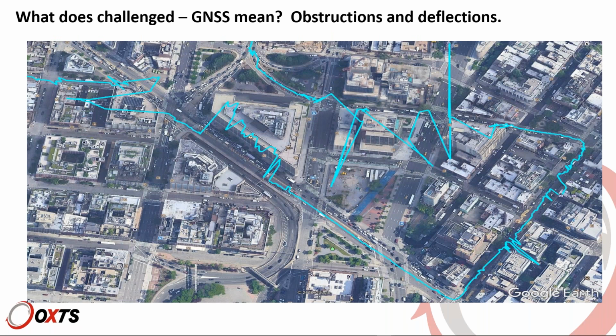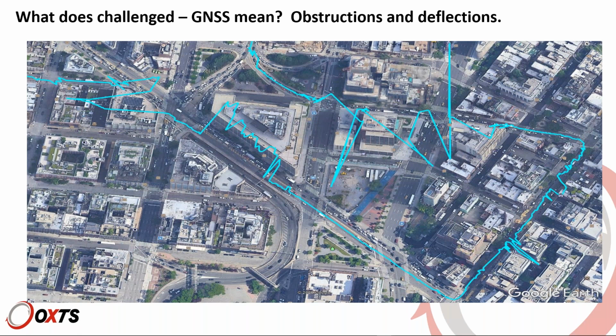So a quick word on what challenged GNSS means. If you are here, then I bet you have a pretty good idea of what a bad GNSS could be. Just to have some common ground, so we are all on the same page. Challenged GNSS means a signal that is dealing with a lot of obstructions and deflections. Obstructions means that the GNSS signal will not reach the receiver in the first place.